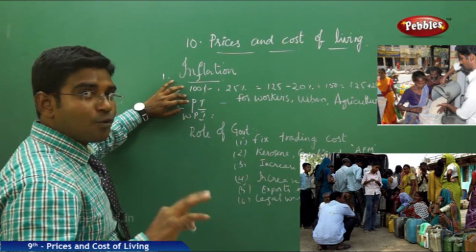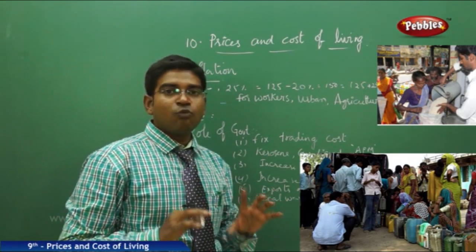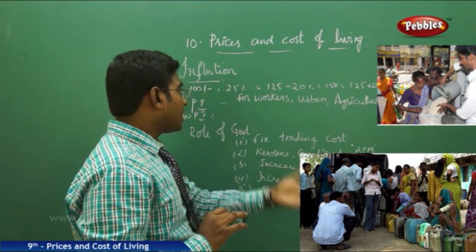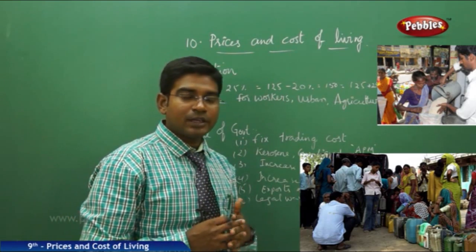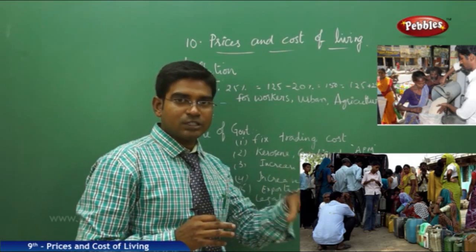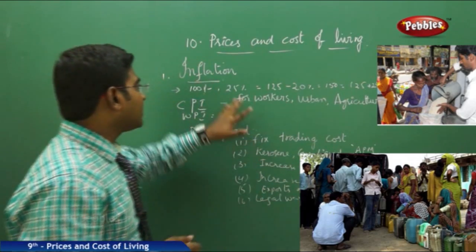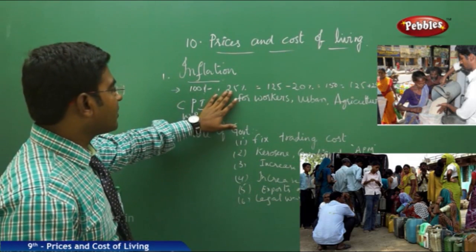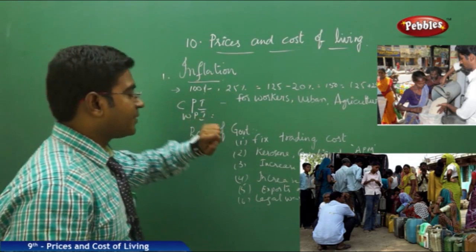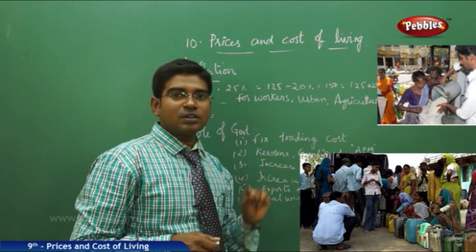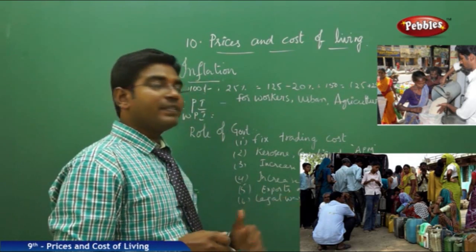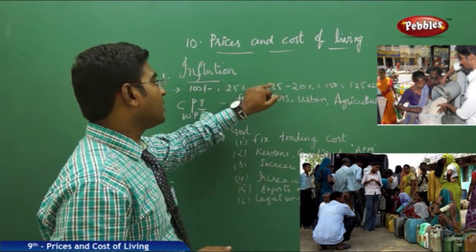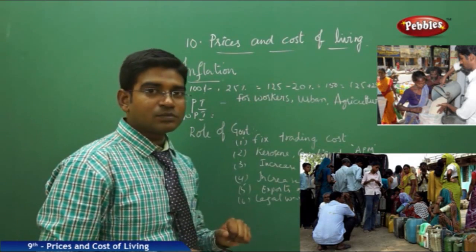Suppose 100 rupees are spent before we buy any product, like you bought products for 100 rupees this month. Next month, if the price gets hiked by 25%, which means 25% extra will be added to the next month's budget, that is you get 125 rupees.